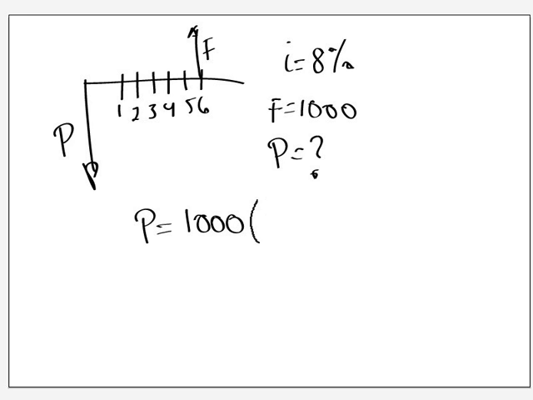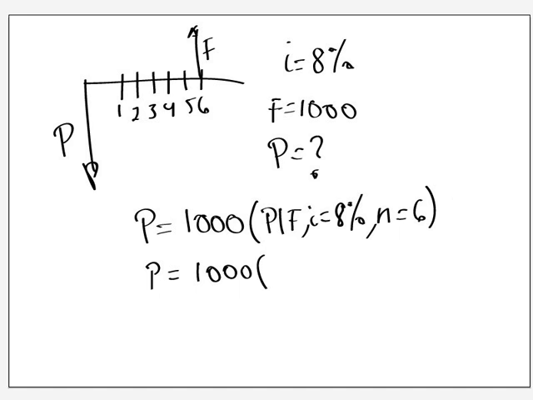Given that we know the future value, the interest rate is 8%, and the number of periods is 6, this present value is going to be $1,000 times, now the interest rate is 8%, so the factor would be 1 plus 0.08, and the power now is a negative power. We have to the negative 6.